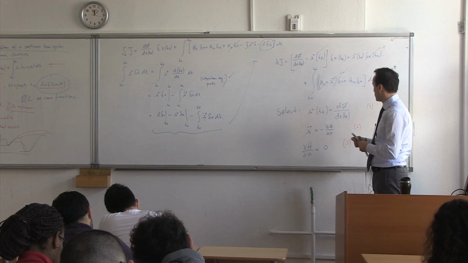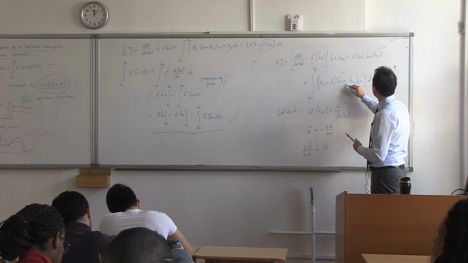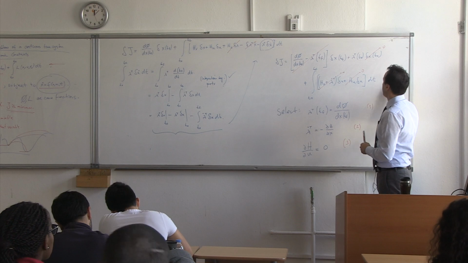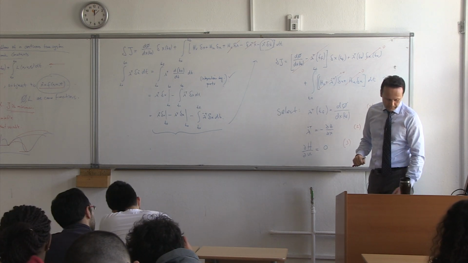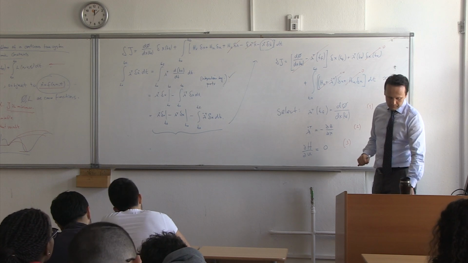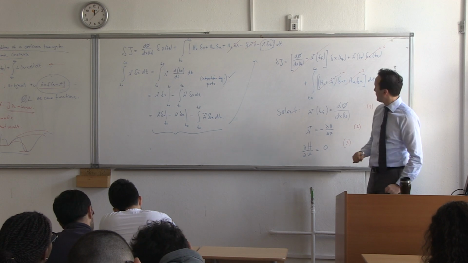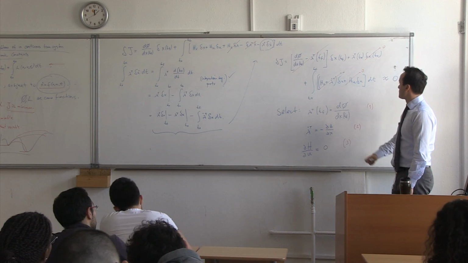This is one condition here. Then this will become 0, and I'm done. Then I have everything equal to 0, and that is what I was looking for. Okay? 3 conditions.